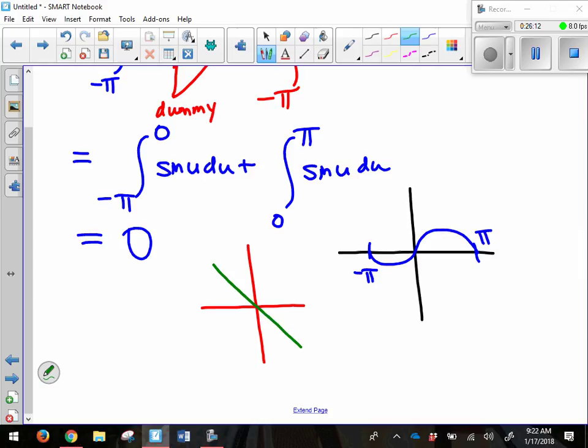Right, this was an odd function too, right? No, it doesn't even have to be a whole period. If it's an odd function and you take equal chunks on either side of x equals 0, you have to, by definition, get 0. Interesting, isn't it? Remember that I said this. It'll come back later.